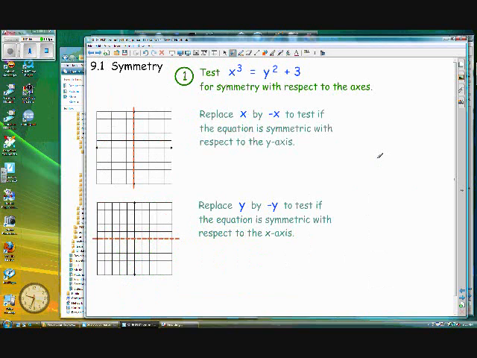So we're going to start by testing the y-axis right here.